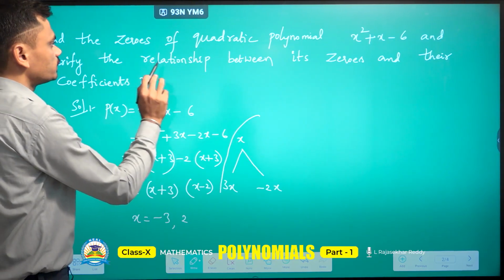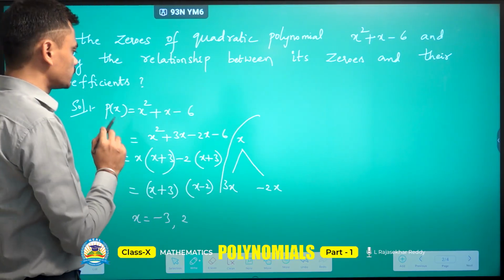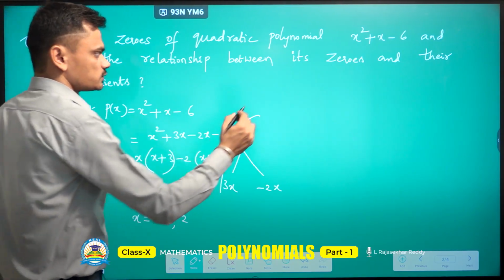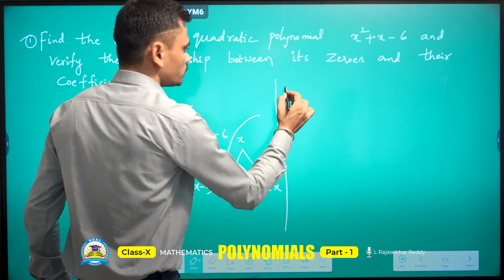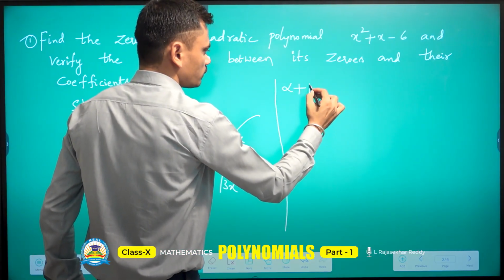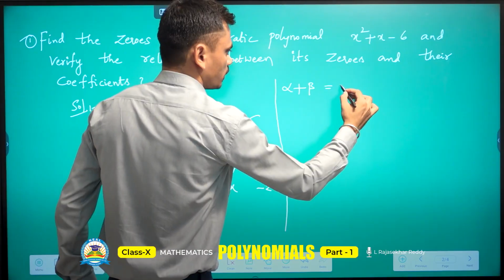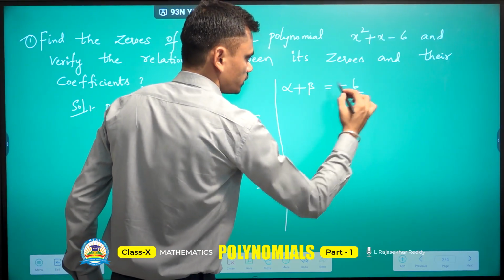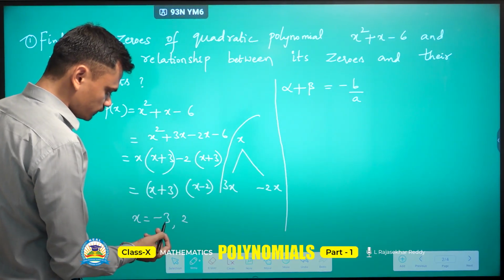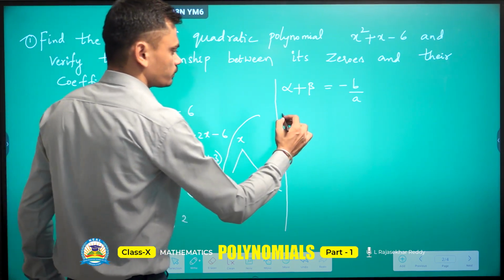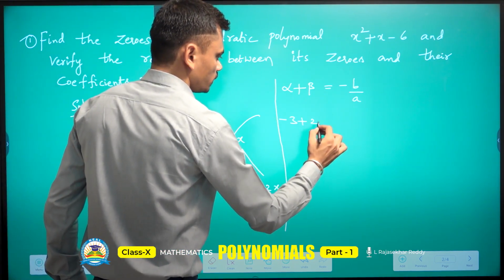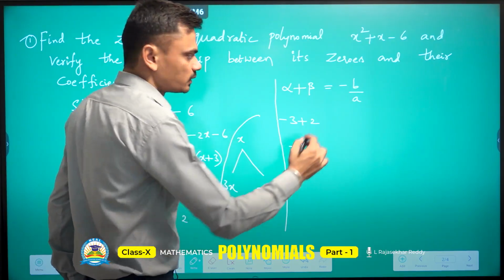Now verify the relationship between its zeros and their coefficients. So we have to verify. Alpha plus beta, I told already, is minus b by a. Now see, alpha plus beta is minus 3 plus 2, it becomes minus 1.